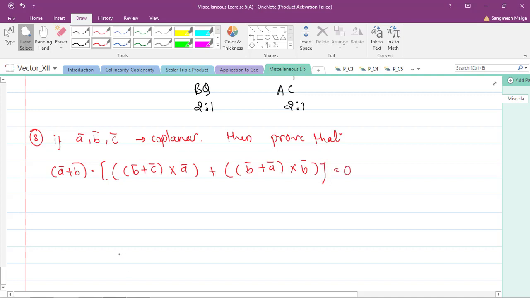Okay, don't be confused with these brackets, simply use the BODMAS rule and you will get the answer.